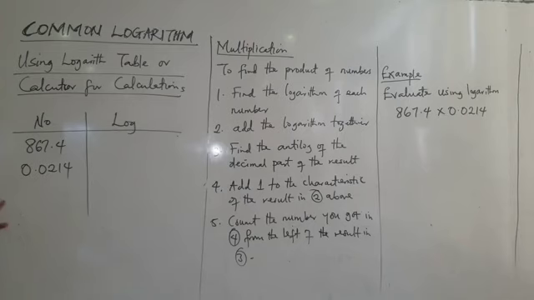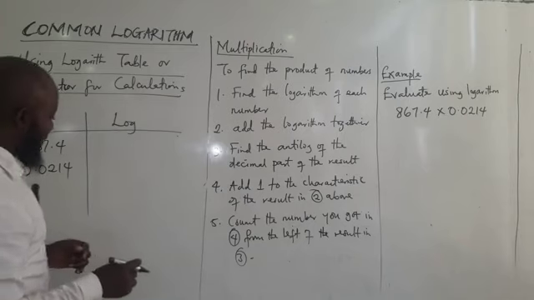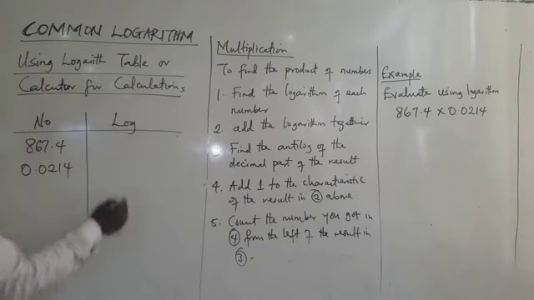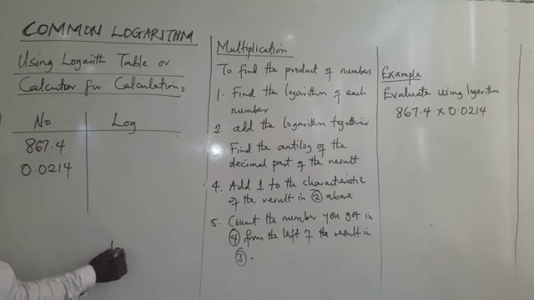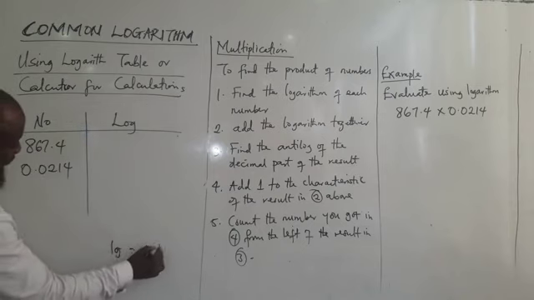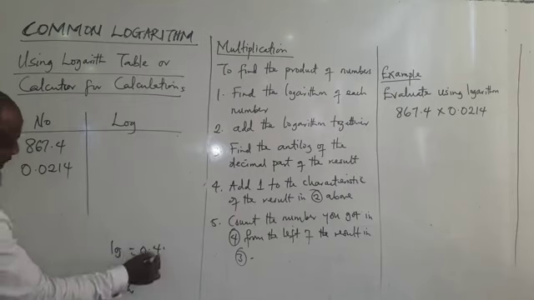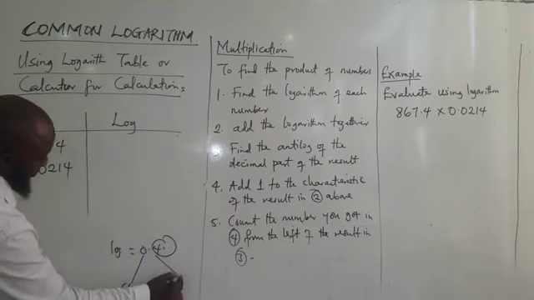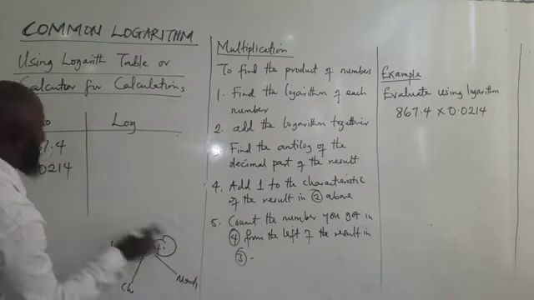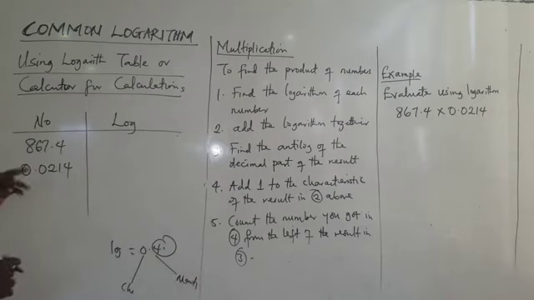So the first part is the characteristic part that I explained earlier on. You know, log 8 gives us 0.41 something. This one is the characteristic part, while the decimal part is the mantissa part. So the characteristic part is what we want to look at now. If you want to get the characteristic of this number as a whole, let's convert it to standard form.